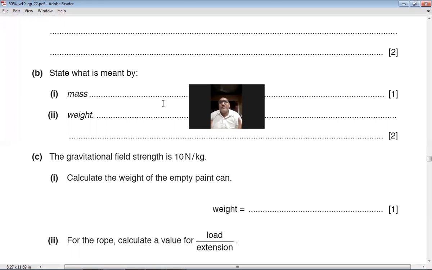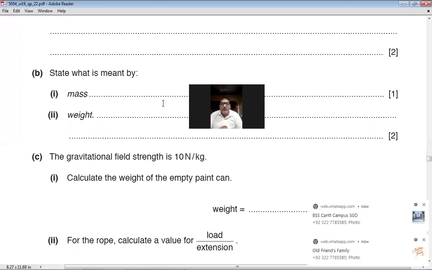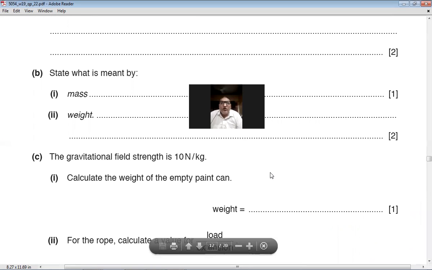For example, on Earth it will be the pull of the Earth on a body when that body is in the gravitational field of the Earth. So it's the force exerted on a body due to gravity. Its unit is Newton, like a force, and you can find it by the formula W equals mg.